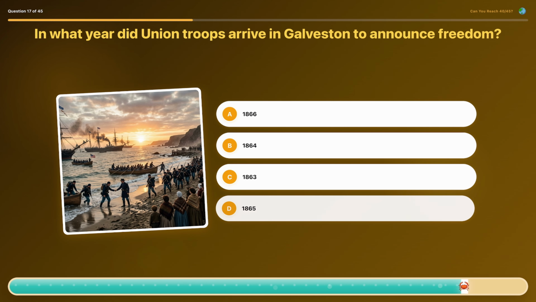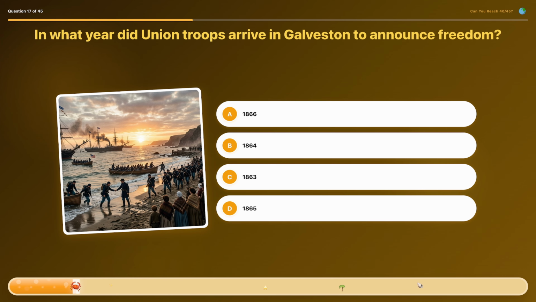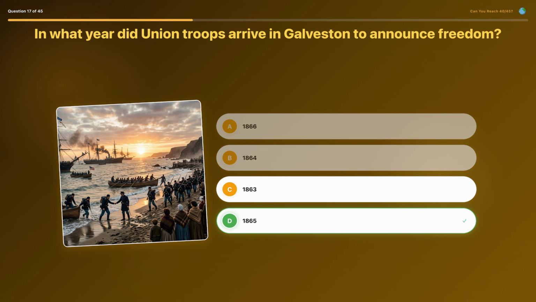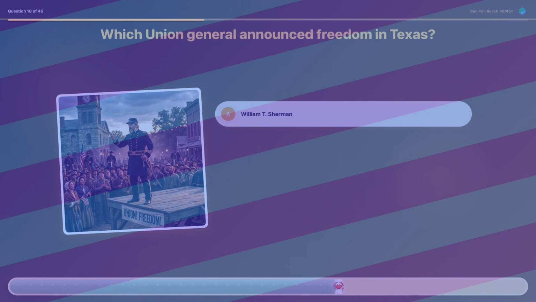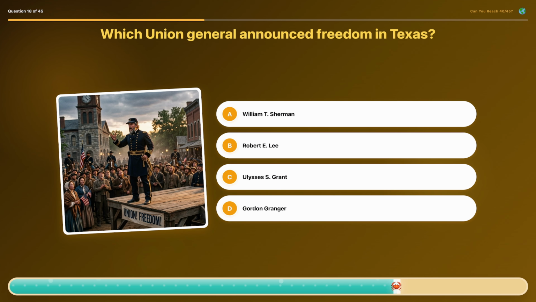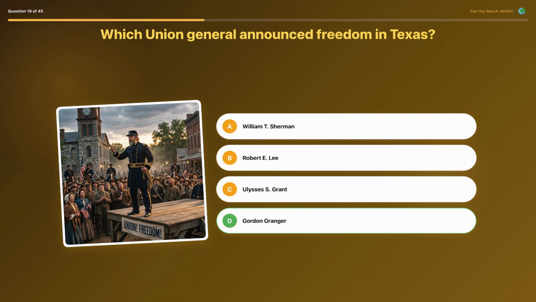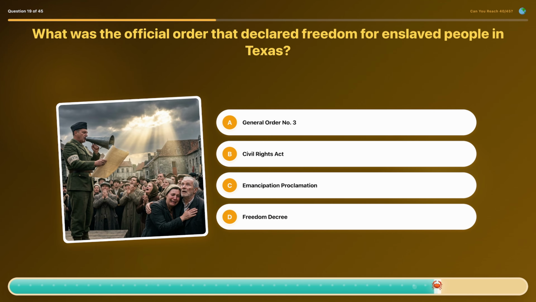In what year did Union troops arrive in Galveston to announce freedom? 1865. Which Union general announced freedom in Texas? Gordon Granger. What was the official order that declared freedom for enslaved people in Texas?